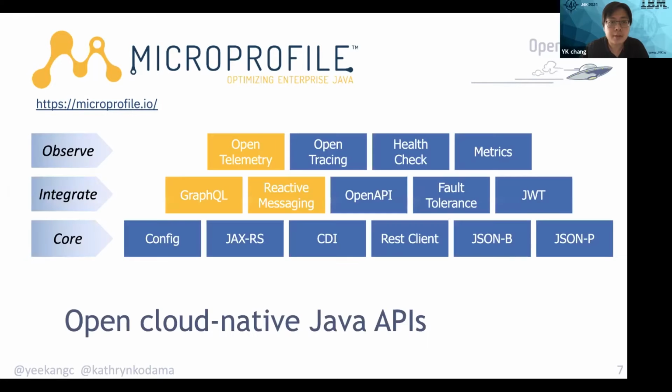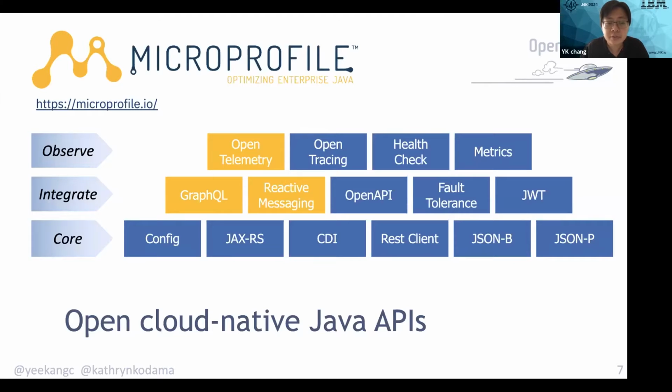It basically provides an open set of APIs for building cloud-native applications, with Kubernetes in mind and microservices as the architecture. It consists of various APIs that you can use. Some of them are familiar to everyone, we presume, like what you would need to build RESTful services. And others are net new APIs that the MicroProfile community has introduced to deal with different aspects as we work in cloud native environments.